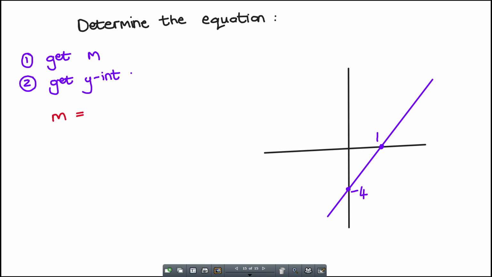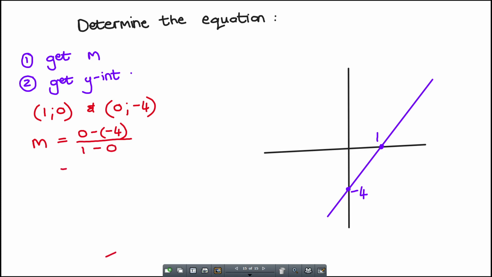My twee koördinate is x is 1, y is 0 and x is 0, y is minus 4. So gradient will be difference in y, 0 minus 4 op verskil in x, 1 minus 0. En dit geef my positief 4 op 1, so my gradiënt is 4.